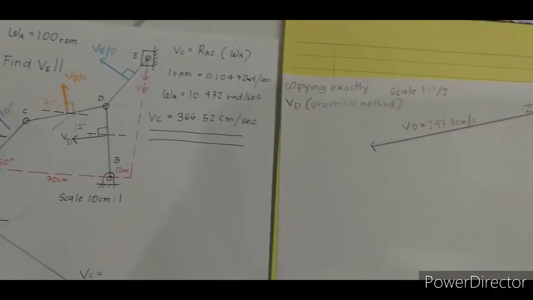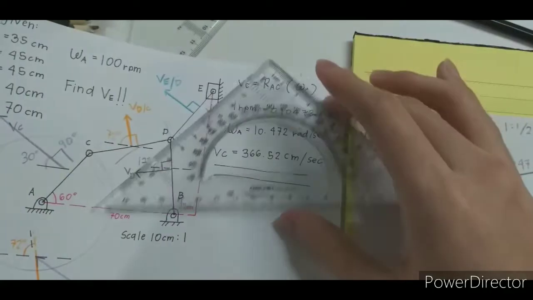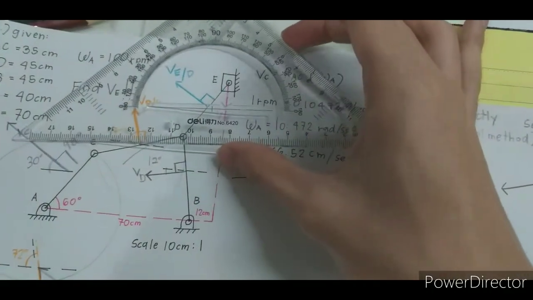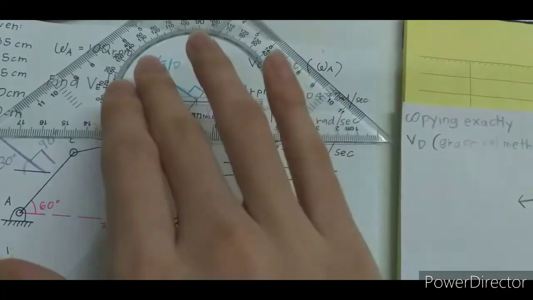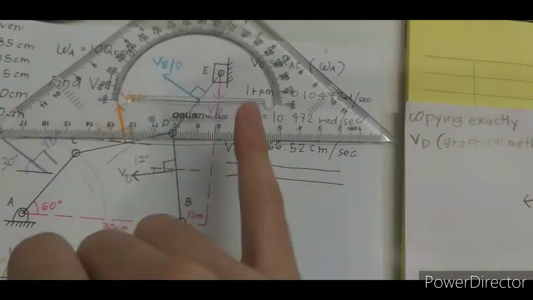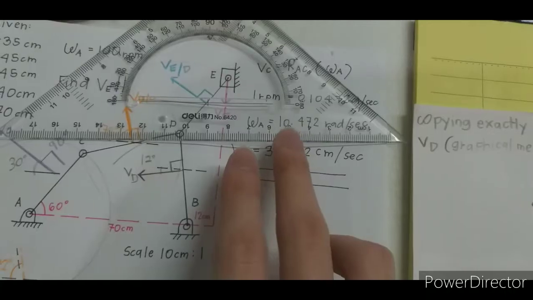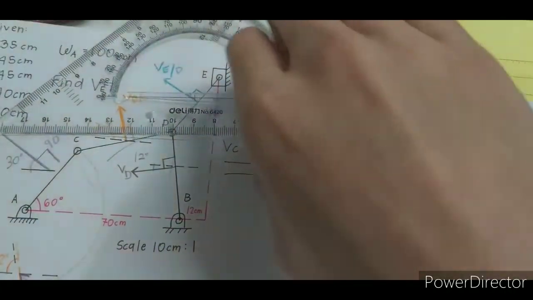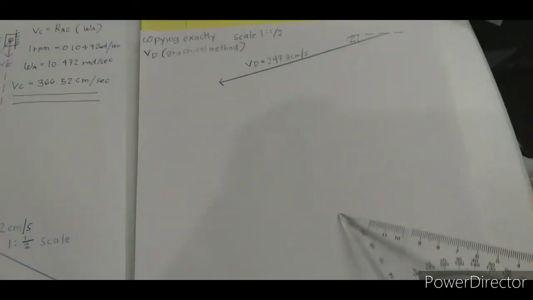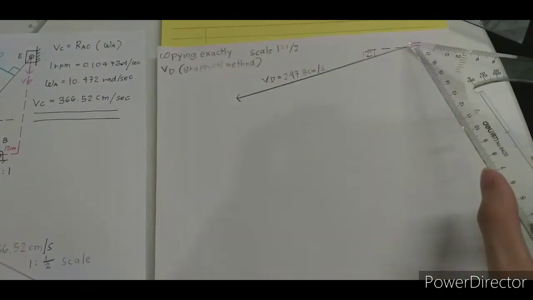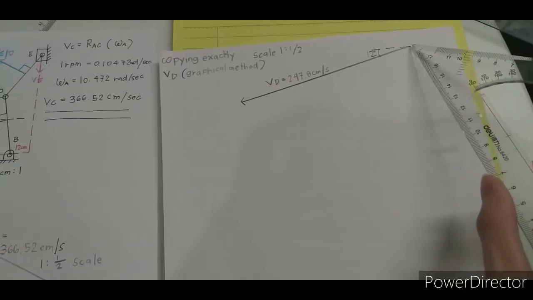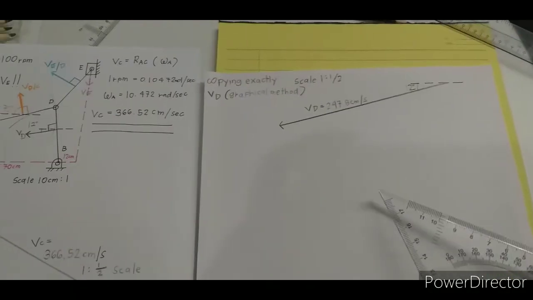So now what we have to do is to measure the angle of VED with respect to a specific line of origin and project it here and have it intersect, hopefully, with the velocity of E, which is projected from the point of origin here. So let us do that now.